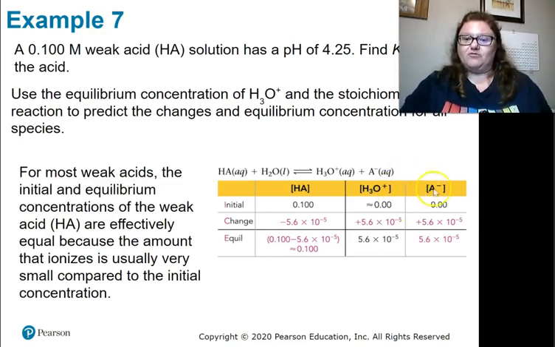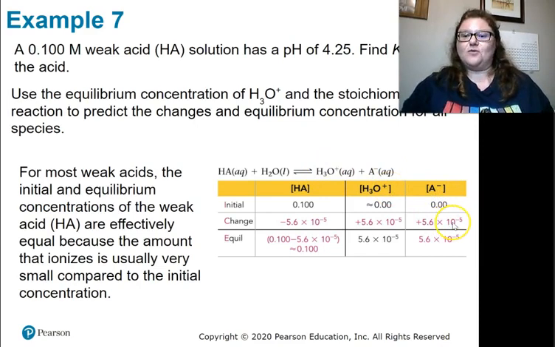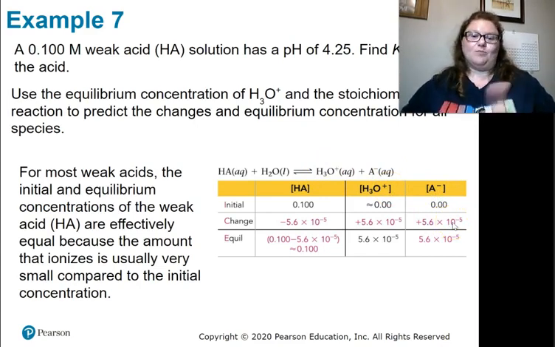We know that on the product side, our anion that came from our original acid was also at 0, and it has a coefficient of 1, just like our hydronium does. So it's going to change the same way. So we have a positive 5.6 times 10 to the negative 5 here as well.